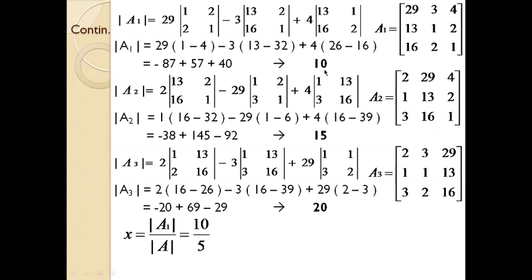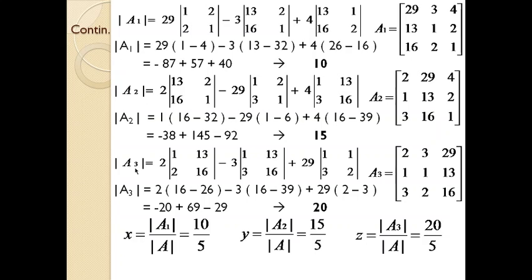A1 determinant we already found is 10, so 10 divided by the determinant of A, which we found in the previous slide, is 5. Next one, y. The equation is determinant A2 divided by determinant A. Determinant A2 is already computed as 15, so 15 divided by determinant of A, which, if you remember, is 5.